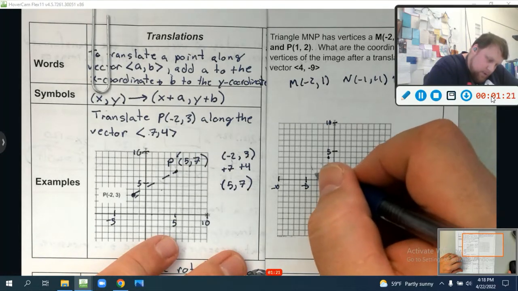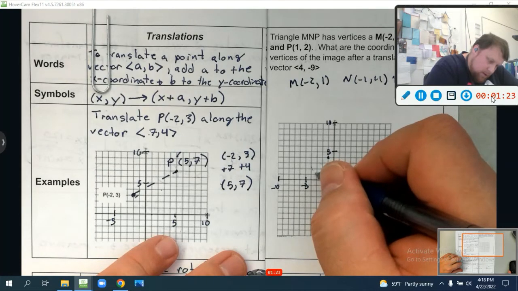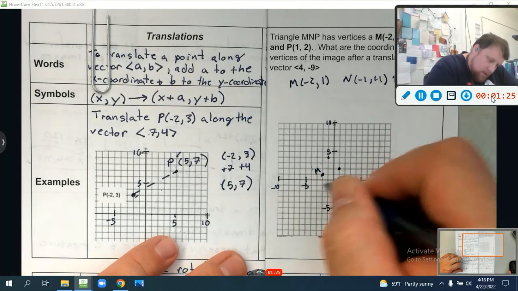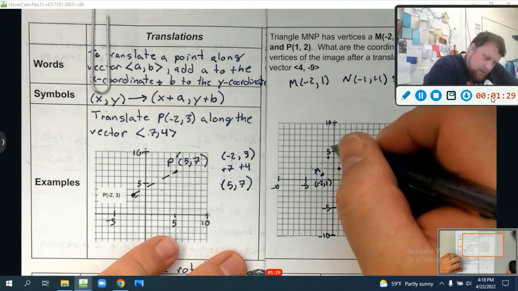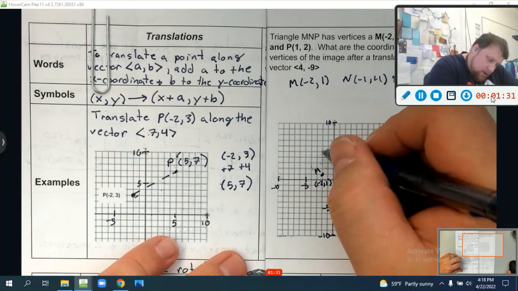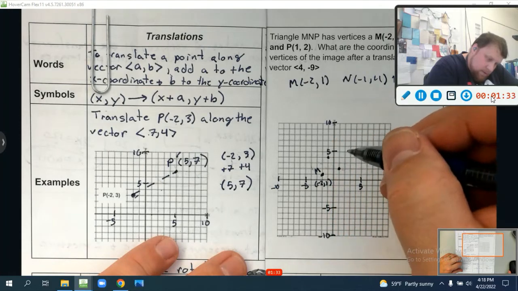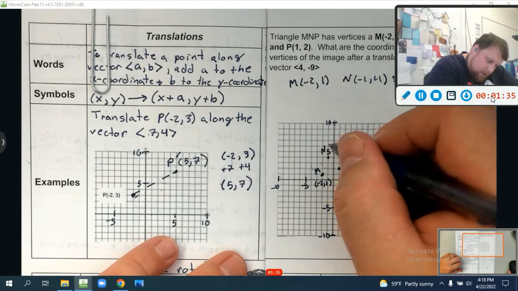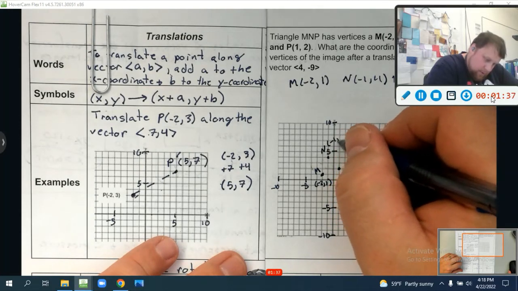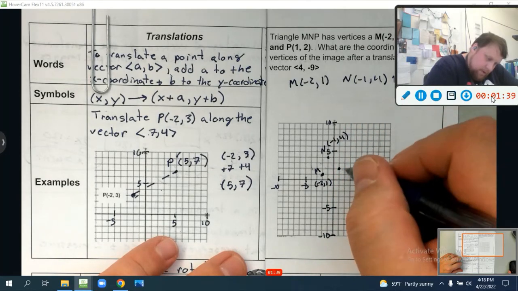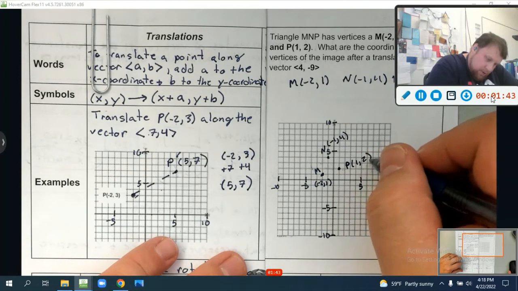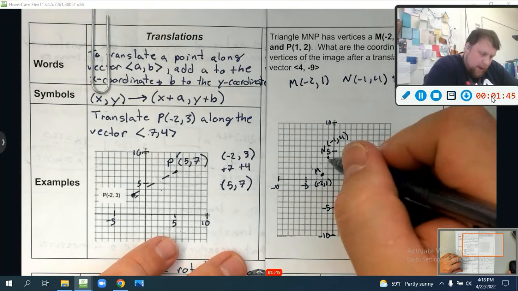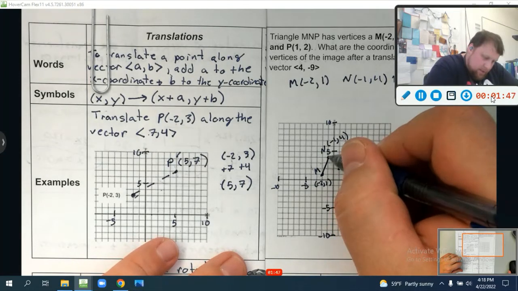So (-2, 1) is M. We have right here N, right? (-1, 4). And then over here we have P, which is (1, 2). Perfect. Okay, and if you look at it, that's that nice little triangle shape, right?